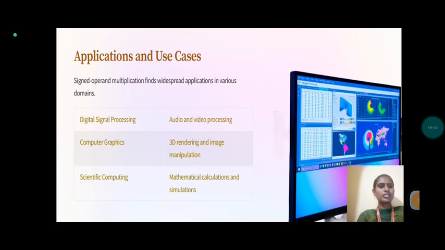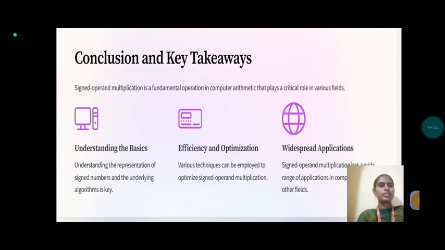Then finally, conclusion and key takeaways. Signed operand multiplication is a fundamental operation in computer arithmetic, with a critical role in various fields. First, understanding the basics.